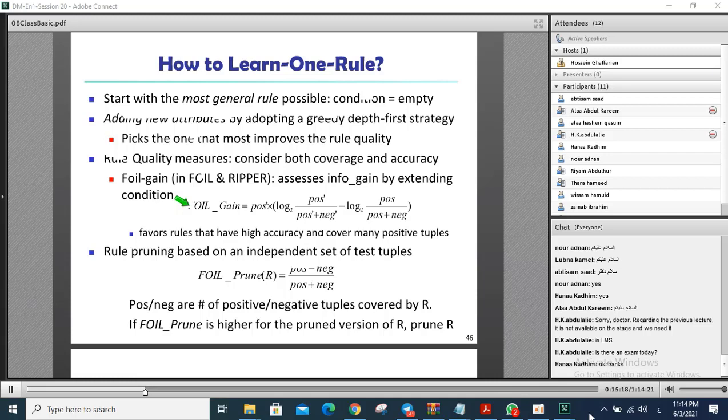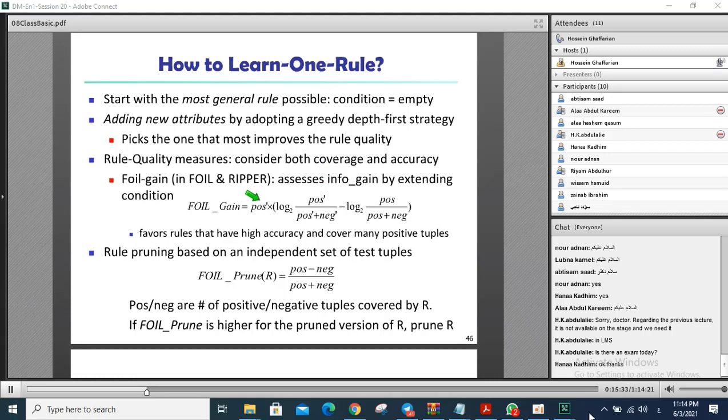For example, in FOIL and RIPPER techniques, we will use the FOIL gain measure as a rule quality measure. You can see the FOIL gain measure here.